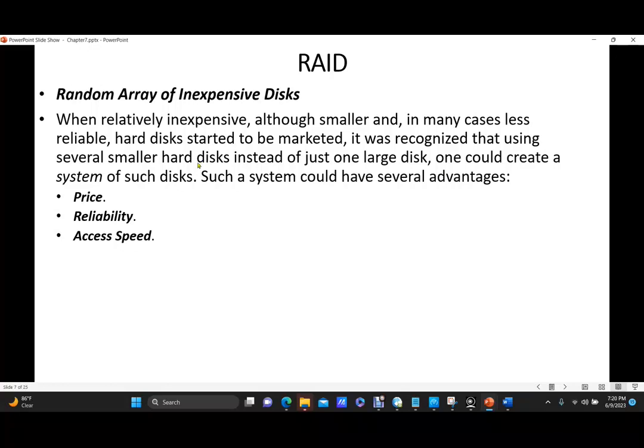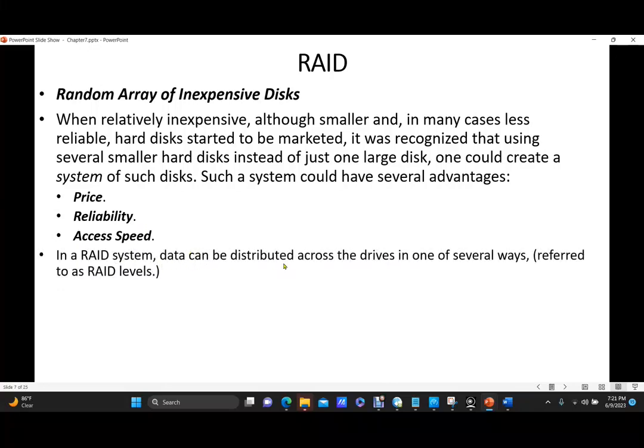It created a system then that has a lower price than that of a single hard disk, greater reliability. Individual disks might not be quite as reliable, but the combination would be greater reliability and improved access speed.